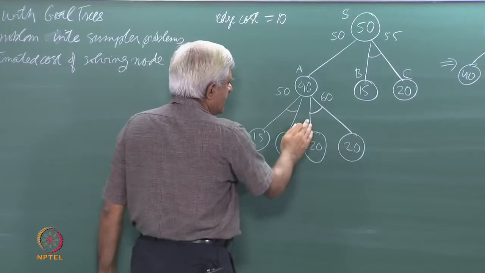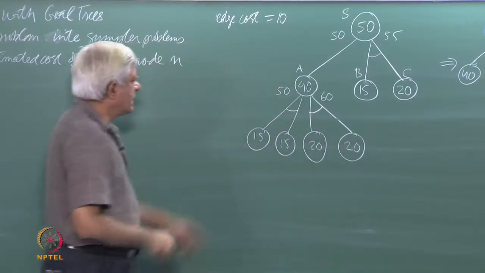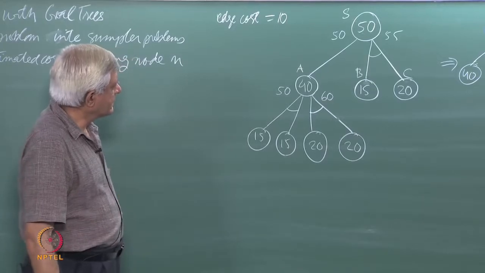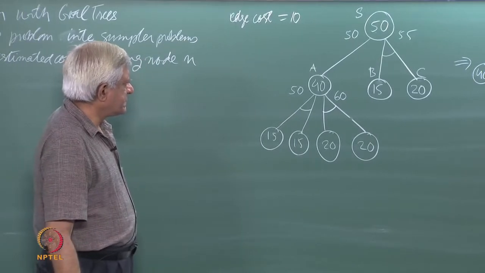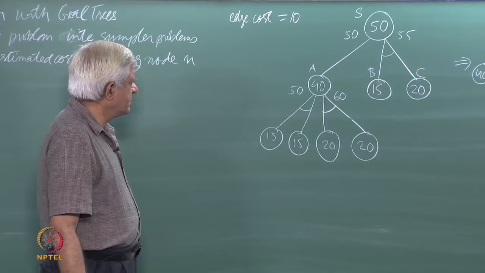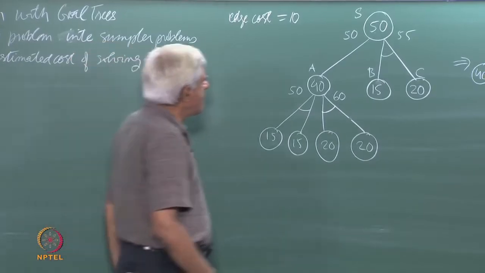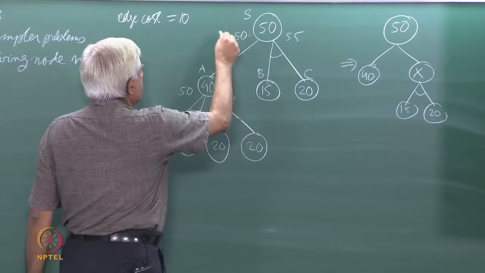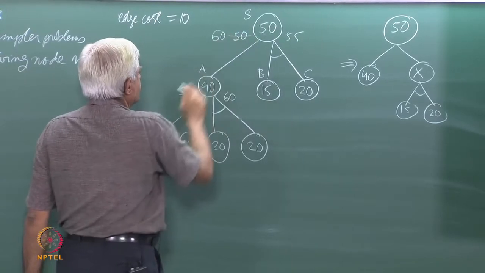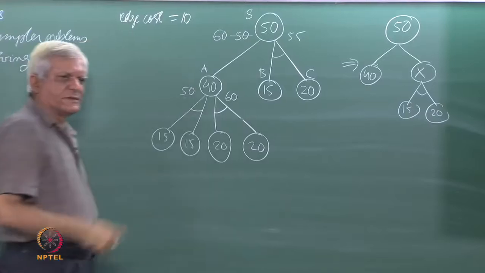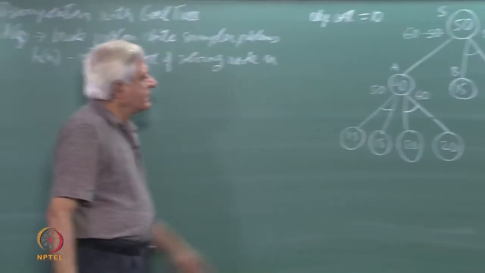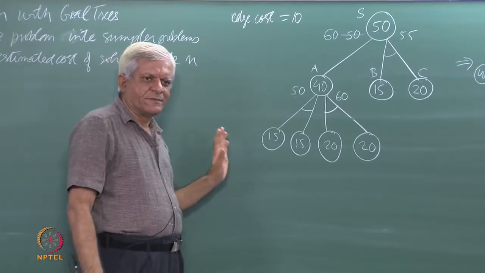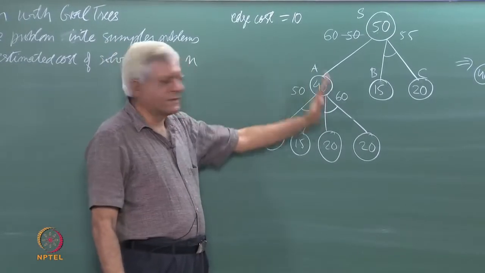So, 20 plus 20 plus 10 plus 10, that is 60, and likewise this is 15 plus 15 plus 10 for each arc, 60. So, I have to revise this cost now, this becomes 60 because this is 50 and this is 60, 50 plus 10, 60. So, at this moment my algorithm must shift attention to the other side.